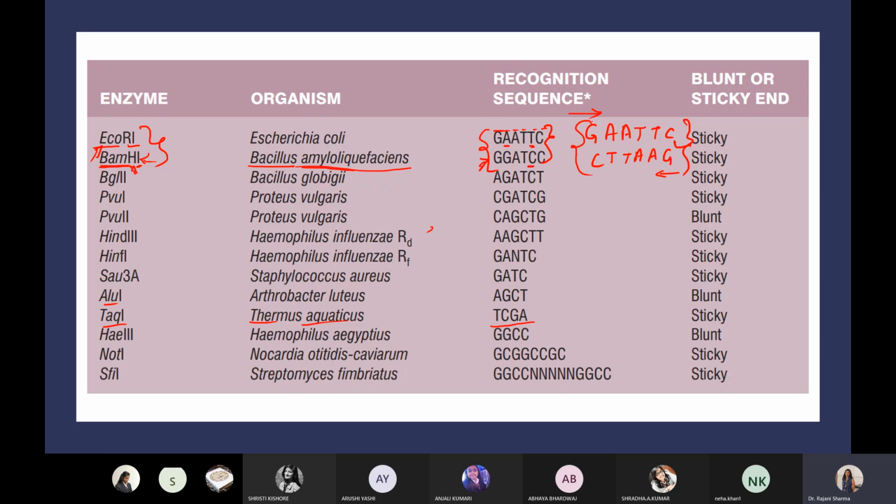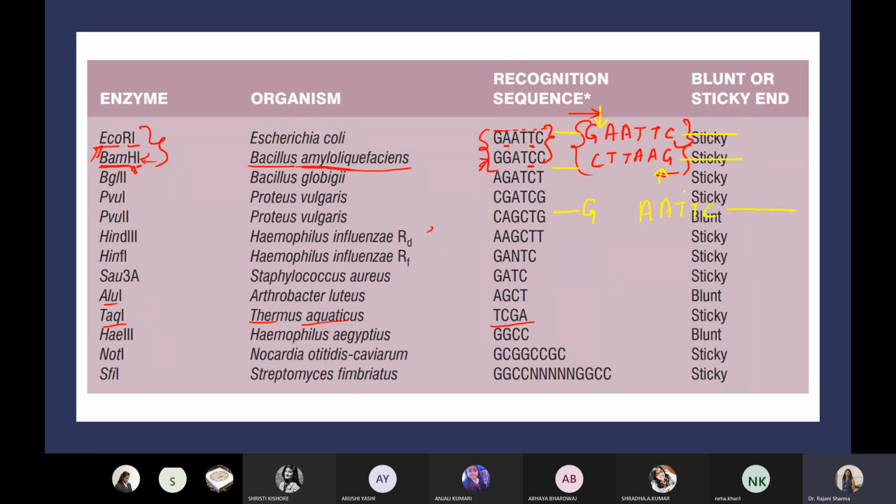So in this way, what will be happening? Here the restriction will be from this side, and this side will be restricted. So how will we get the DNA sequence? We get the DNA sequence like this, because we have a cut from here. This will be separated like this, AATTC.